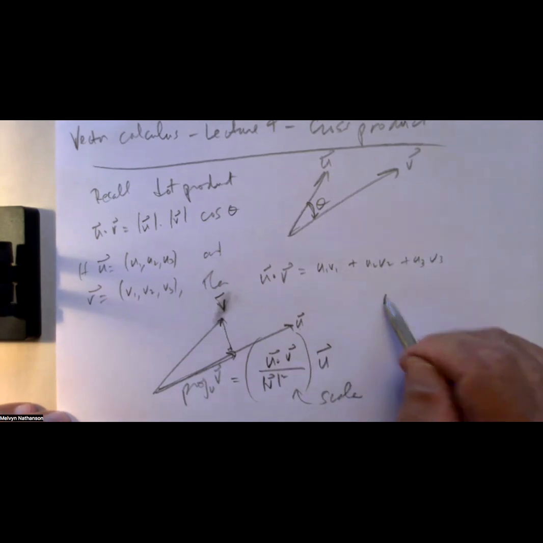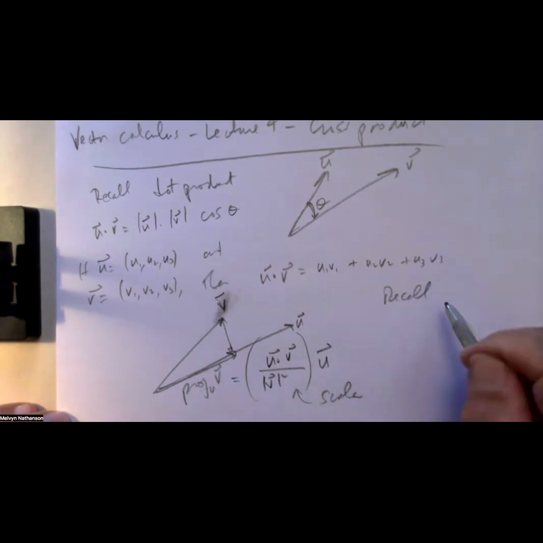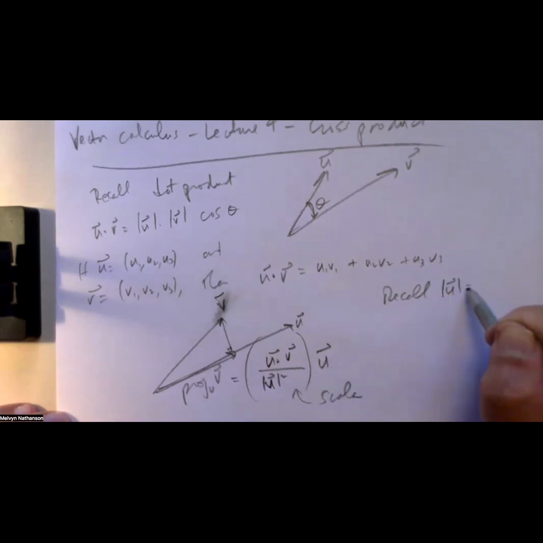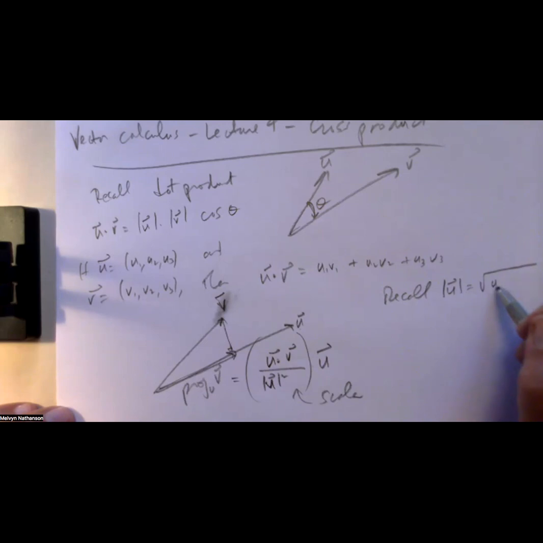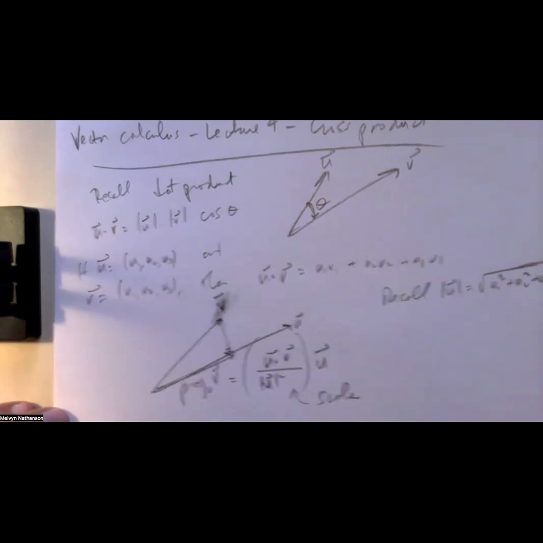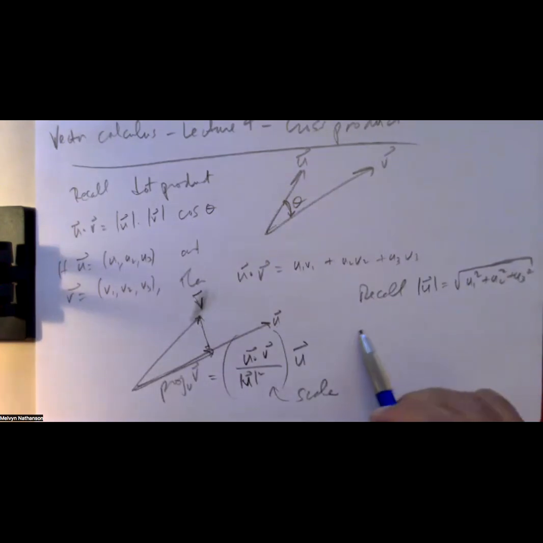And recall, for any vector u, the length of u is the square root of the sum of the squares of the coordinates.